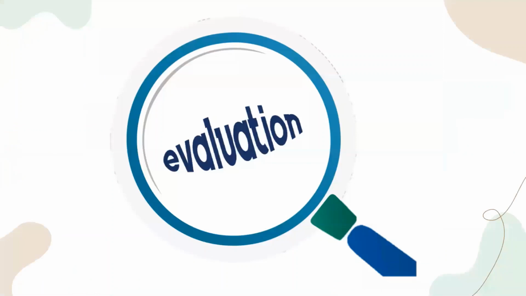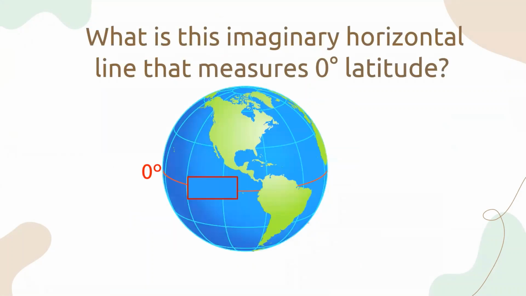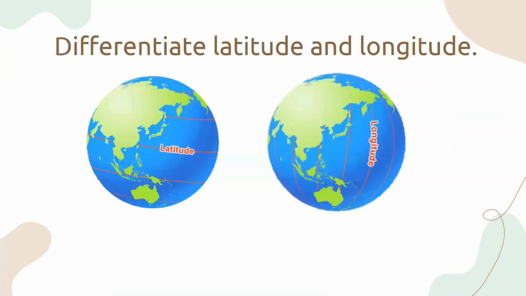Now, to check if you really understand the lesson, let us evaluate your learning. It's evaluation time! What is this imaginary horizontal line that measures 0 degrees latitude? You got it! We call it the equator. Next, differentiate latitude and longitude.